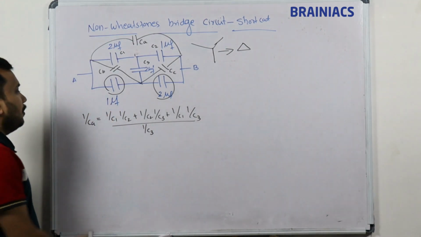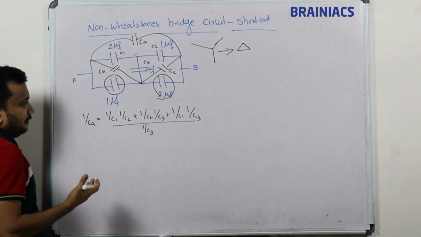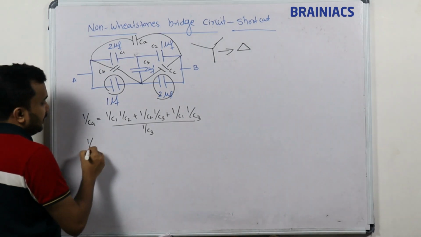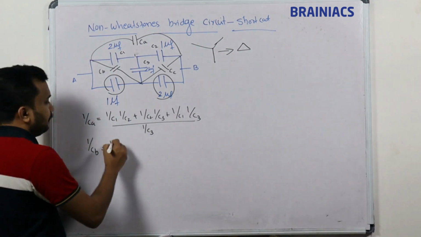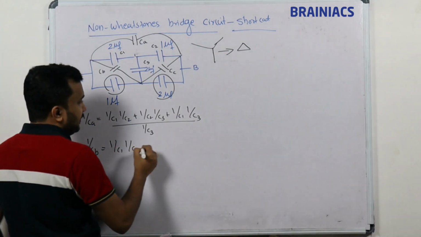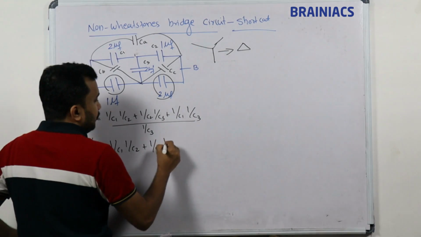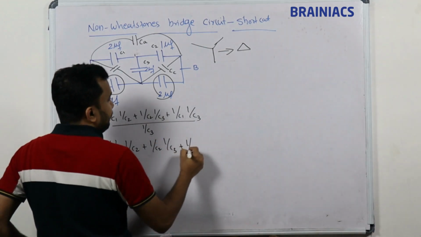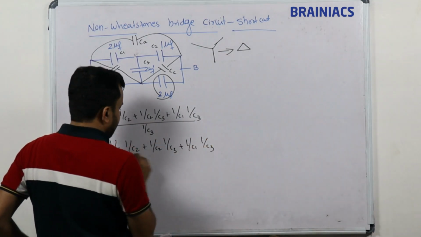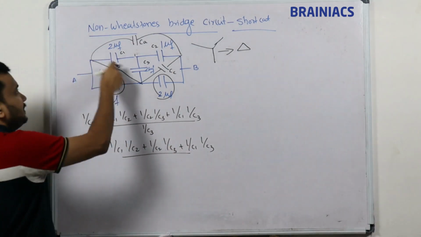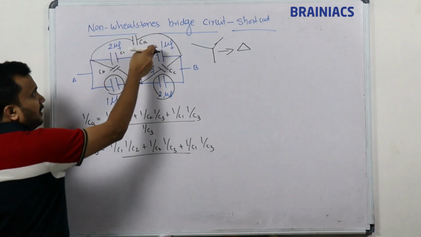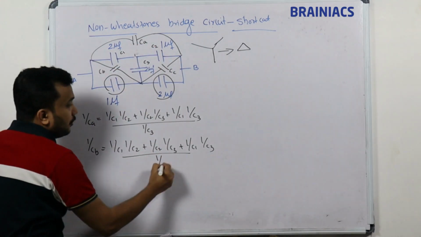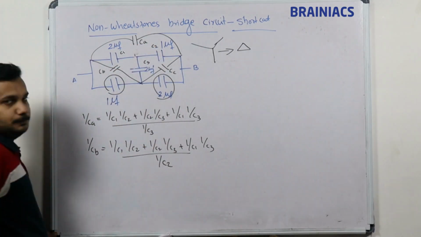For 1 by CB, the numerator is the same: 1 by C1 into 1 by C2 plus 1 by C2 into 1 by C3 plus 1 by C1 into 1 by C3, whole divided by the opposite branch. For this side, these two are adjacent, and the other one is opposite, so we divide by 1 by C2.